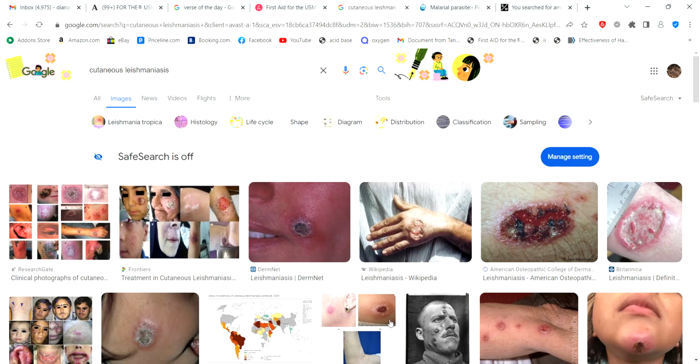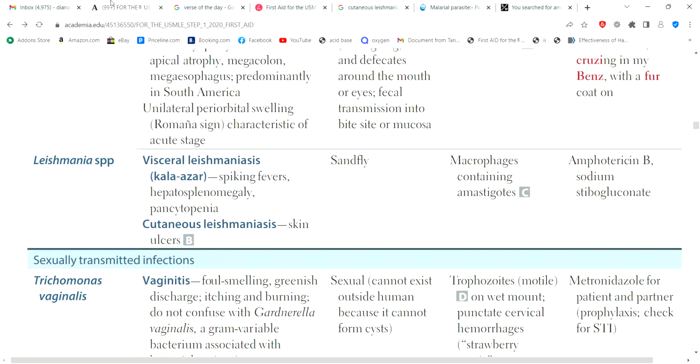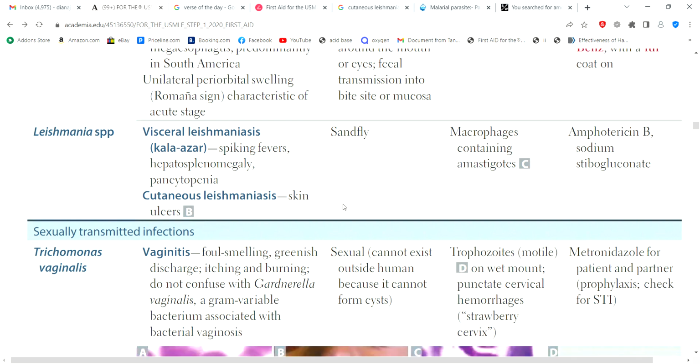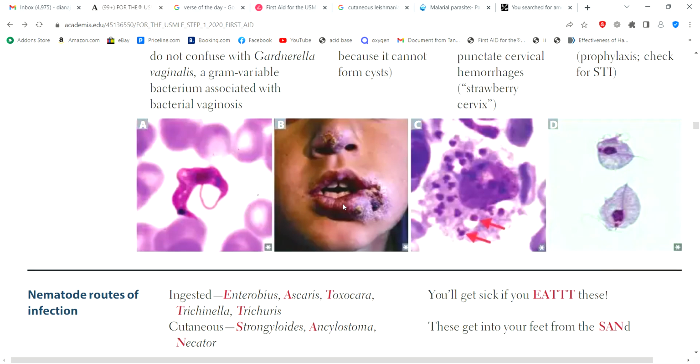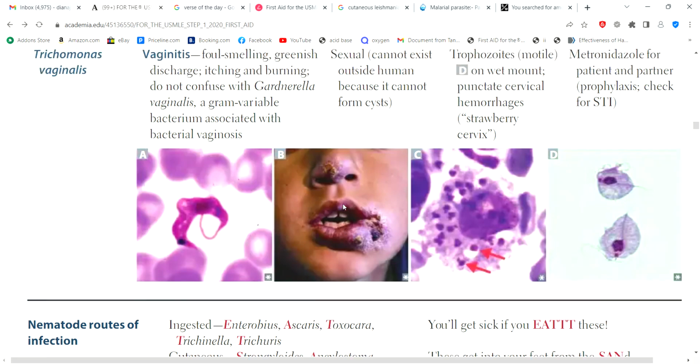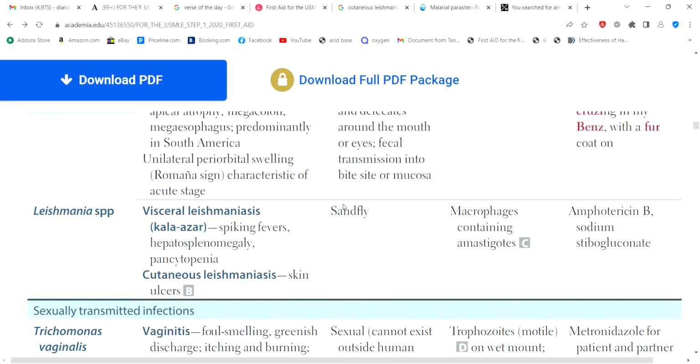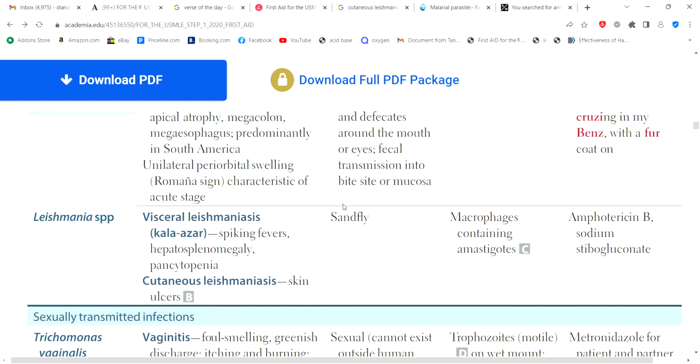This is cutaneous leishmaniasis. Right here, we're going to look at figure B, which is that cutaneous leishmaniasis, and then this leishmania species is transmitted by the sandfly.